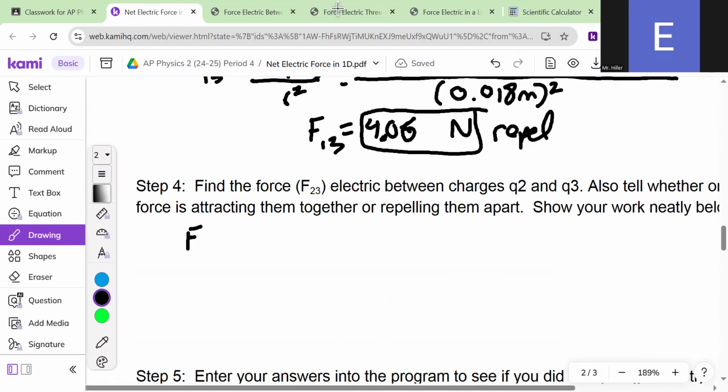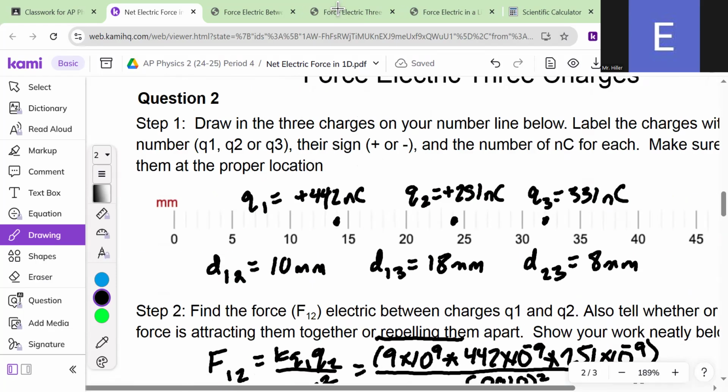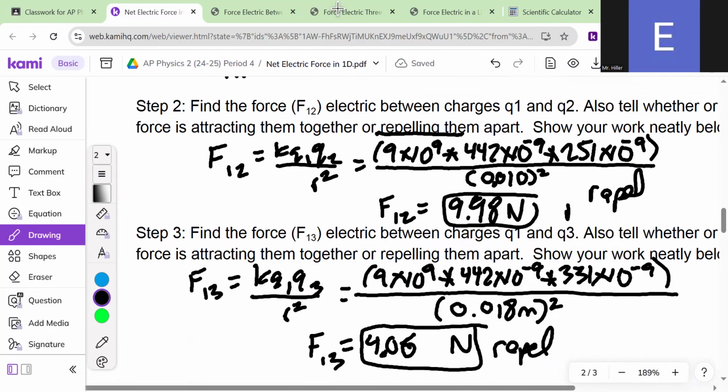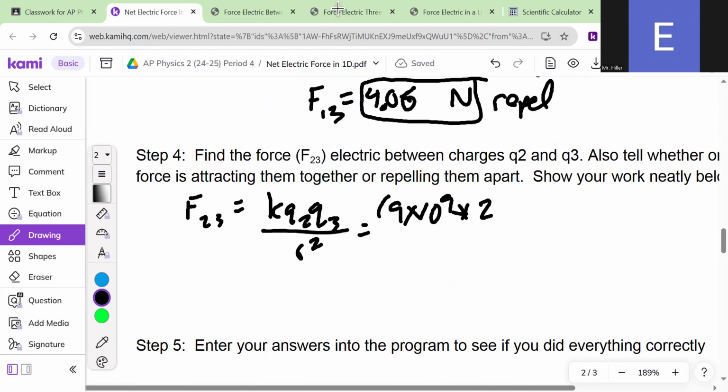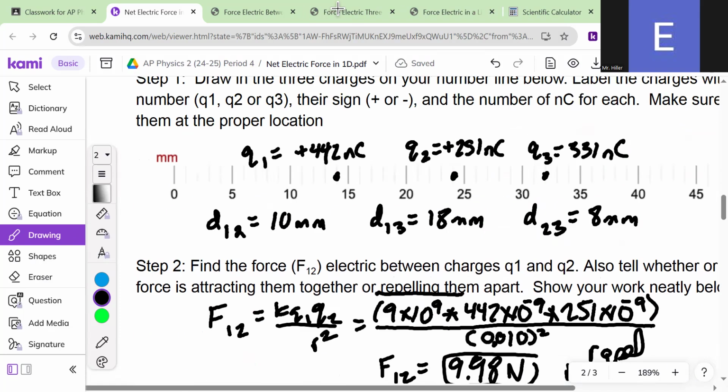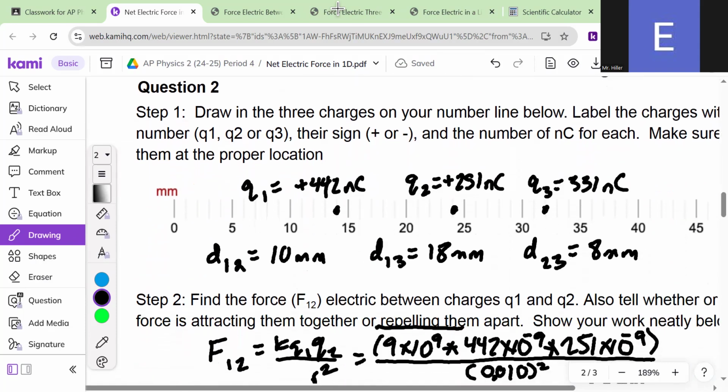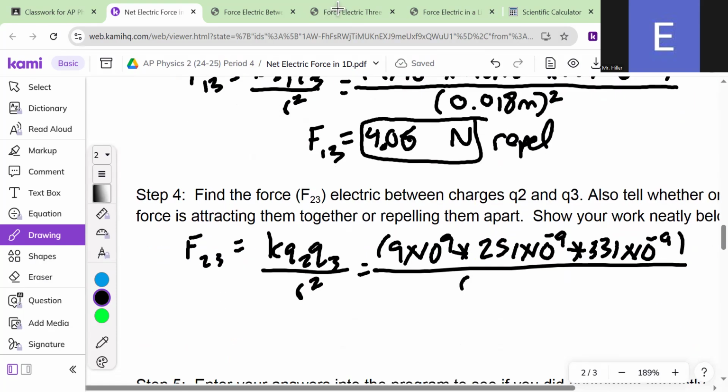Okay, and the last one we're finding is F23. So F23 is going to be K Q2 Q3 over R squared. So we're going 9 times 10 to the 9 times Q2. What's Q2? 251. Times Q3, which is 331. And the distance between 2 and 3 is 8 millimeters, which would be 0.008 quantity squared.